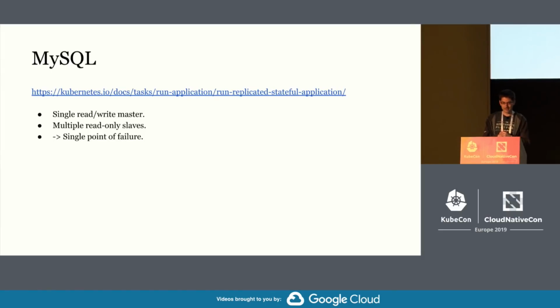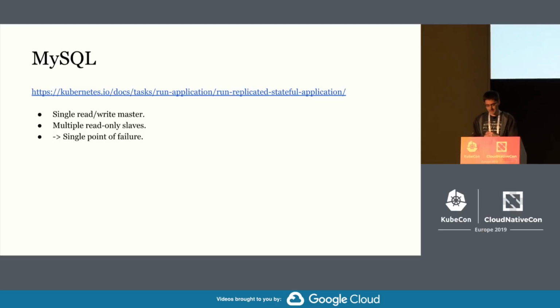Initially, we thought we would show MySQL and WordPress during this demo, because that's what everybody knows, everybody uses, everybody knows how to deploy on bare metal. So let's try it in Kubernetes. And very quickly, we found out that it's not as easy as we thought. It's not even possible, I think.